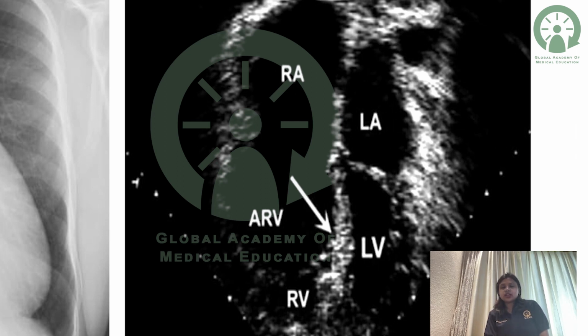Because of the leaky tricuspid valve, we can have tricuspid regurgitation in this condition, and it is called ARV, that is nothing but atrialization of the right ventricle. Okay, so the right atrium is basically atrialized. Right ventricle is small, hypoplastic. Why? Because it is atrialized.